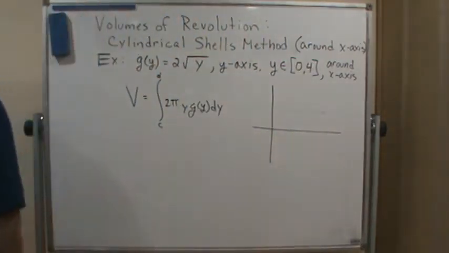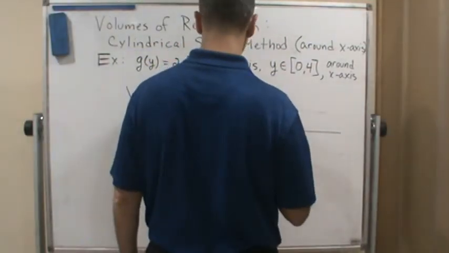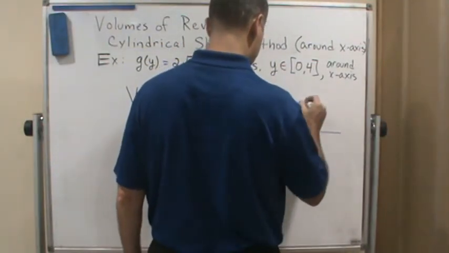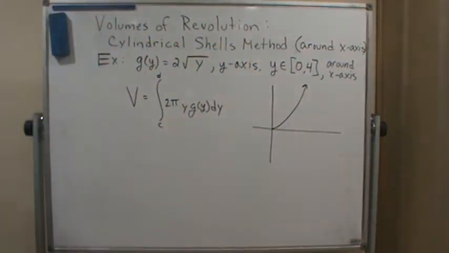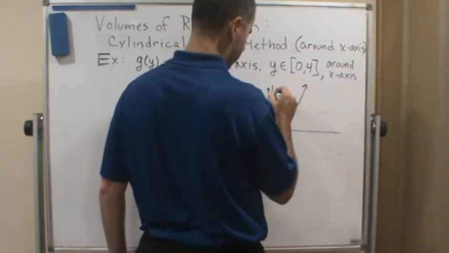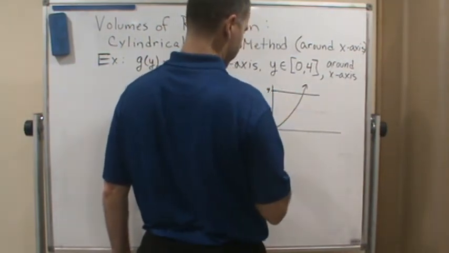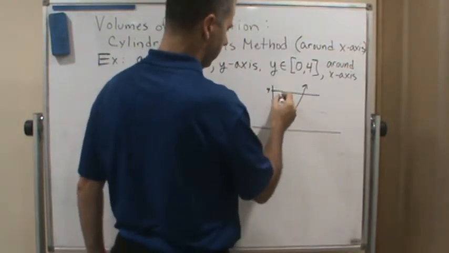Okay, so if you sketch the graph of 2 square root y, 2 square root y looks something like this. Okay, so we're going from 0 to 4.